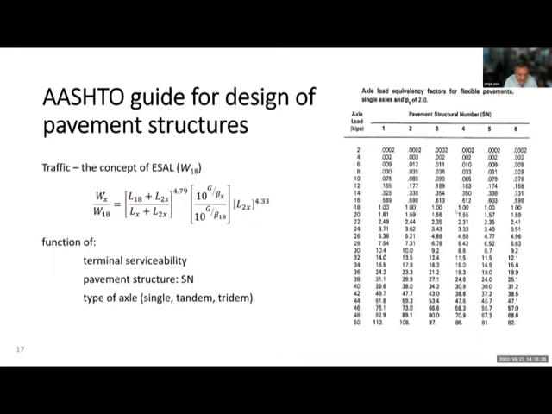And this guide defines the axle load equivalence factor for flexible pavement and rigid pavement, for different types of axle and different types of structural number and pavement quality defined by PSA, or the difference between the final and the initial PSA. And an example is here in this table at the right-hand side.